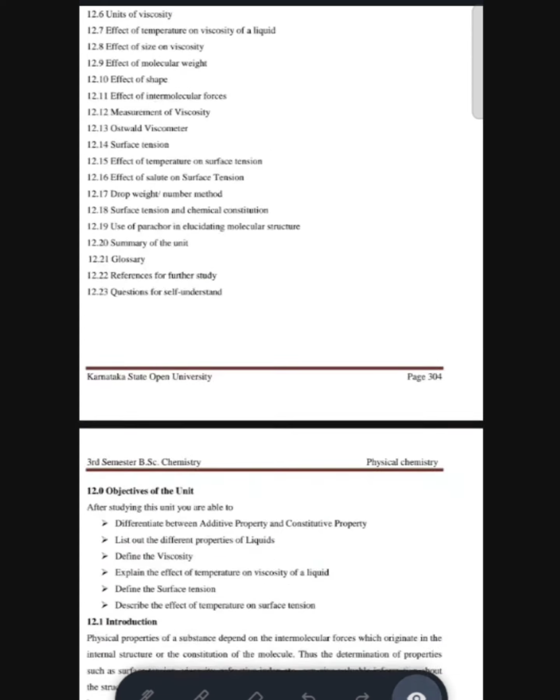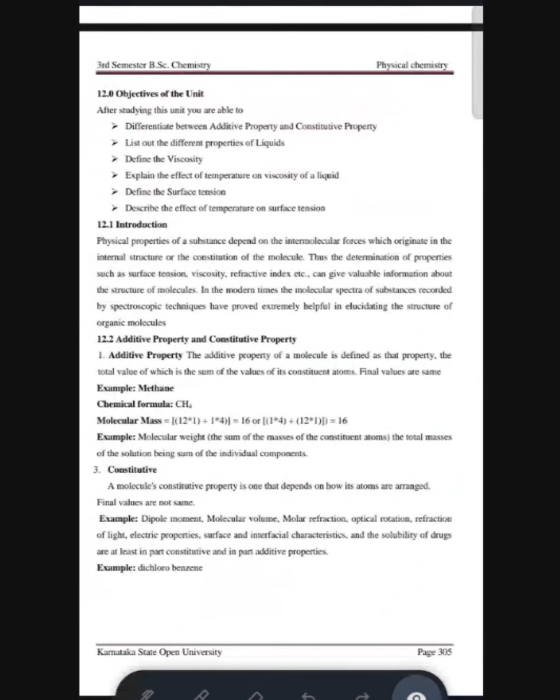So here some of the important topics which you are going to study in this unit are the difference between additive property and constitutive property, and listing out the properties of liquid: viscosity, temperature effect on viscosity of a liquid, surface tension, and effect of temperature on surface tension.